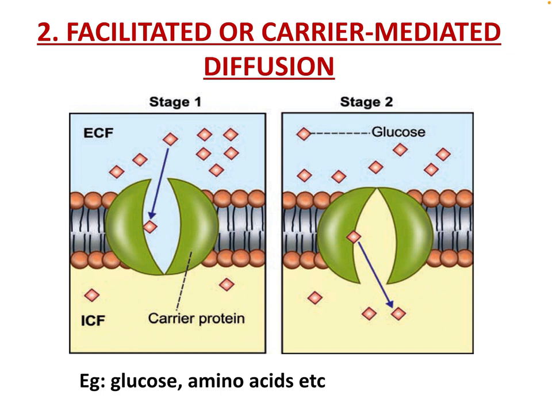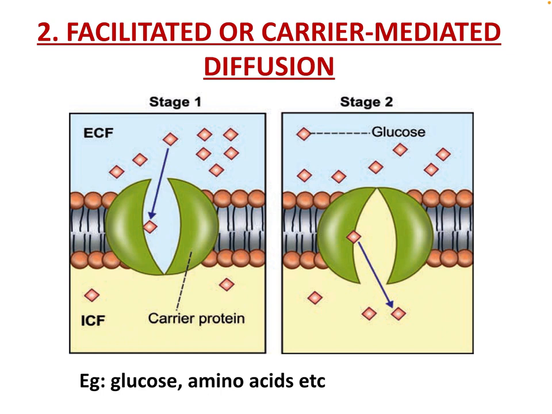Such substances are transported with the help of carrier proteins. This type of diffusion is faster than simple diffusion. Glucose and amino acids are transported by this method.